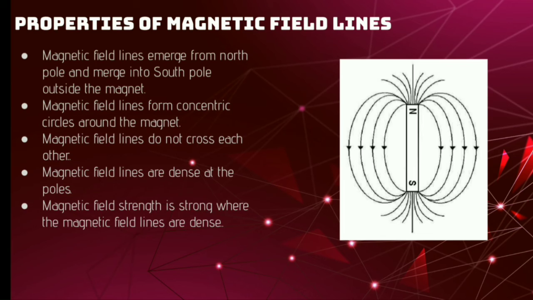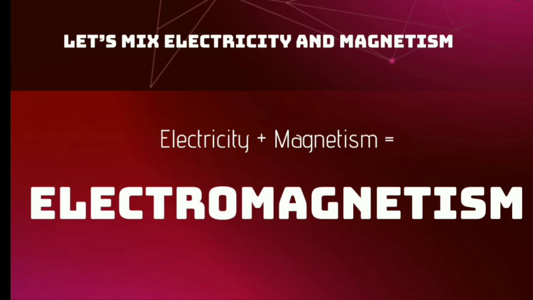Now, having known about the properties of magnetic field lines, let us see the next thing on this, that is mixing magnetism with electricity. Yes, electromagnetism. Have you thought about what will happen when electricity and magnetism get together?